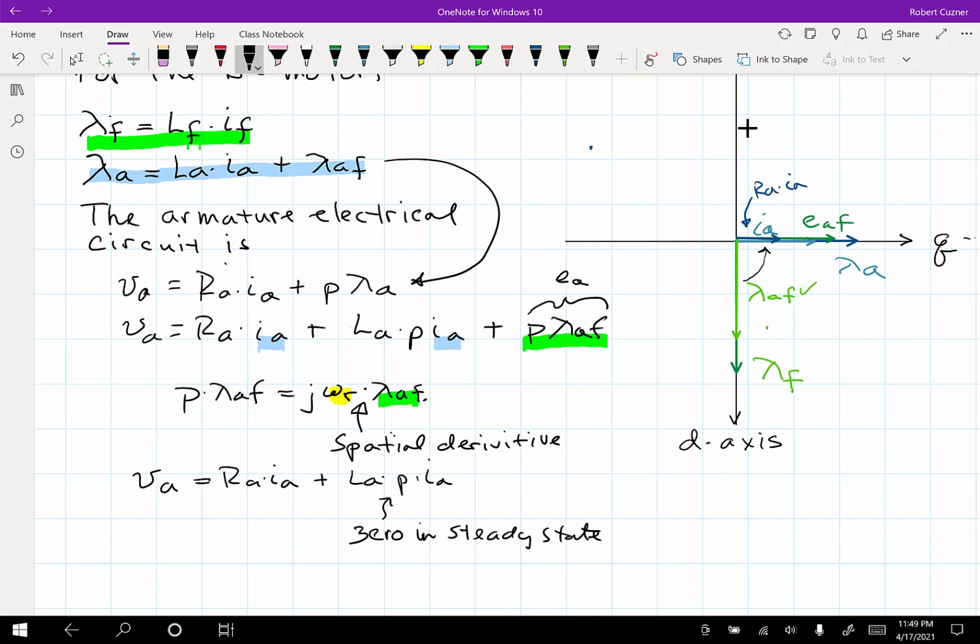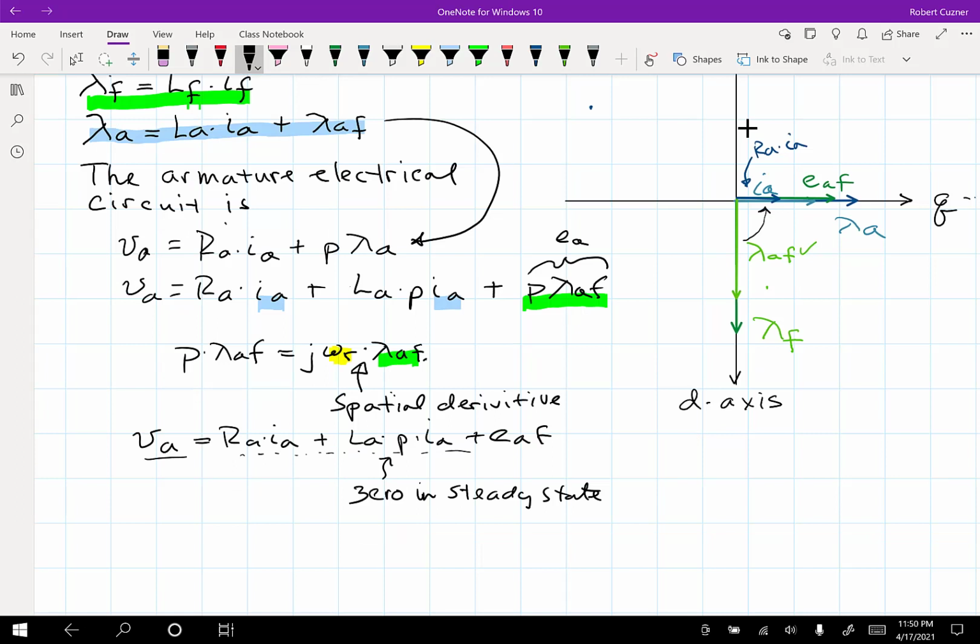It will be an additional moving phasor that shows up during a transient and then goes away. And then we've got the EAF right here. The sum of these things together are the armature voltage. So let's just add them. I'm going to select the EAF and put it on the end of the RAIA.